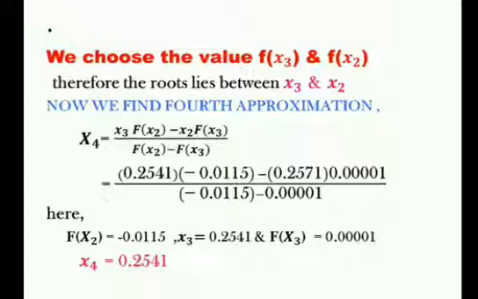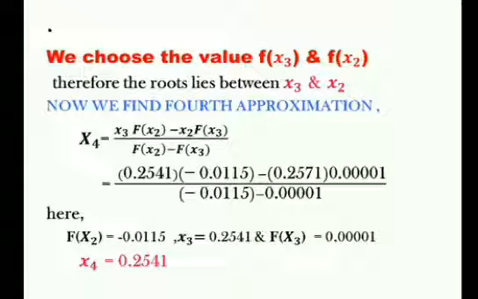Now we find the fourth approximation. We know the formula: x4 is equal to x3 into f of x2 minus x2 into f of x3, whole thing divided by f of x2 minus f of x3. Already we have x3 is equal to 0.2541, f of x2 is minus 0.0115 and f of x3 is 0.00001.